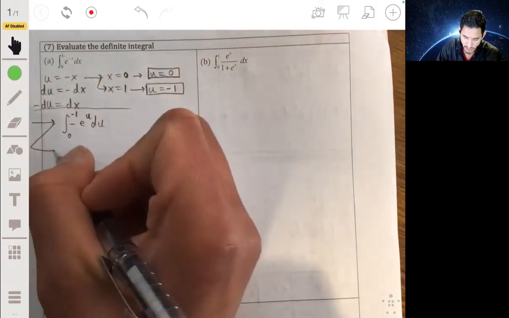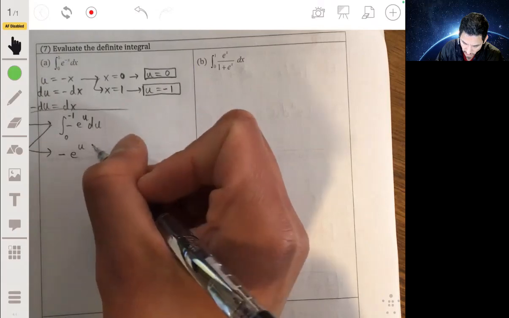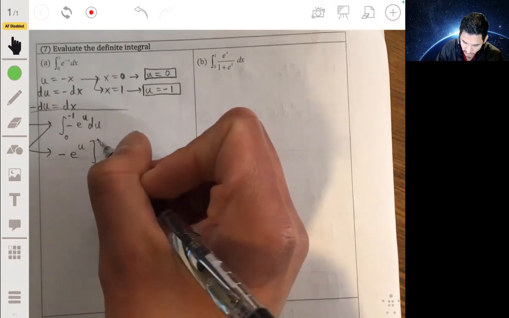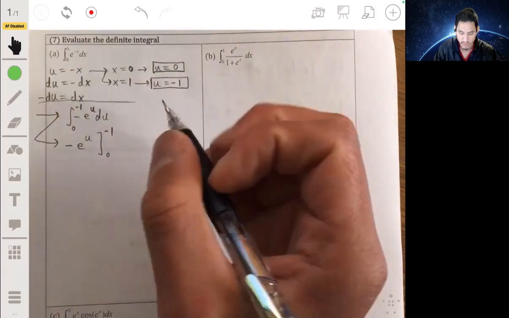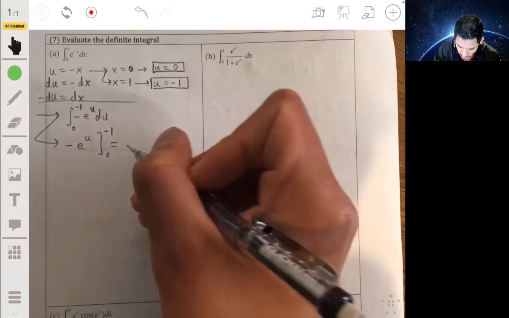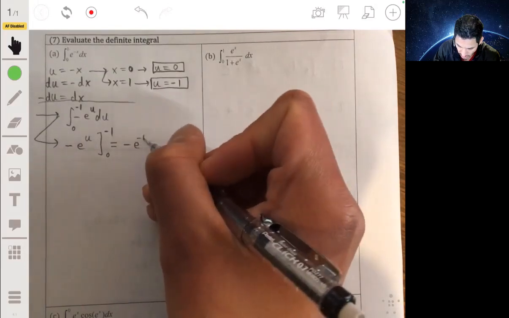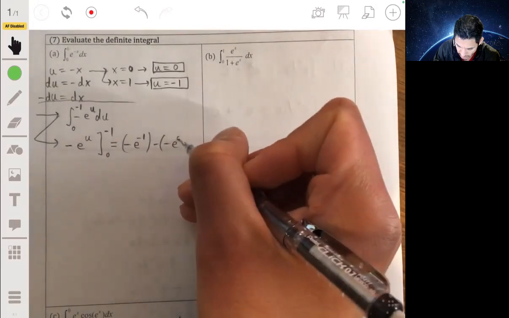So let's go from here. This just becomes negative e to the u from 0 to negative 1. And this becomes a fairly simple integral to evaluate. This will just be negative e to the negative 1 minus negative e to the 0.